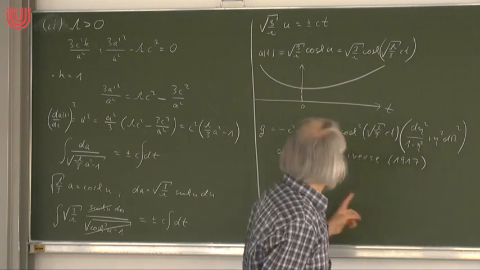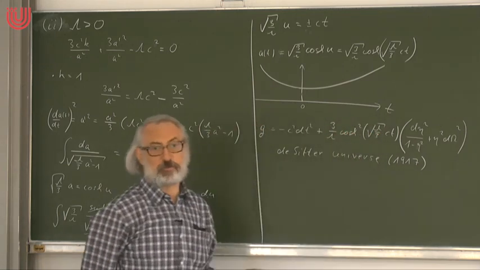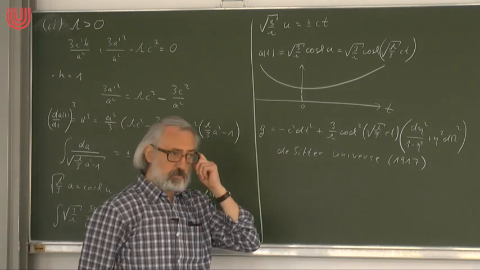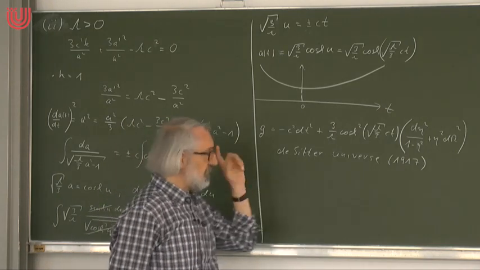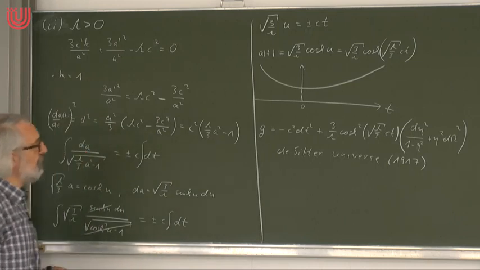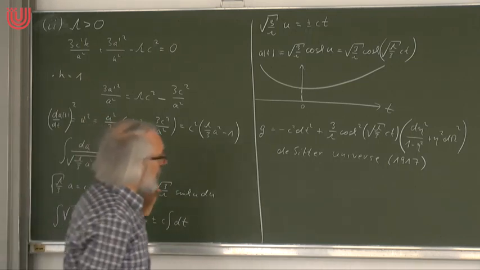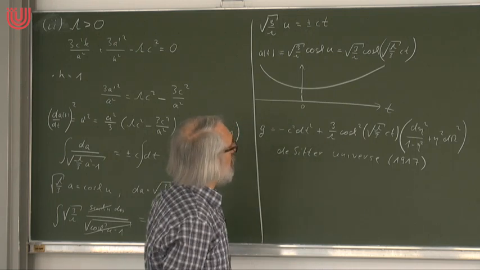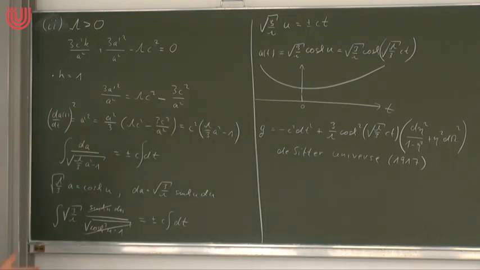That's something different from the de Sitter universe. Einstein-de Sitter is what we have on the next worksheet. This is the dust solution, not a vacuum solution. So the de Sitter universe is a vacuum solution with a positive cosmological constant, and that's one form of writing it down. From this form, we see quite clearly what the geometric behavior is.